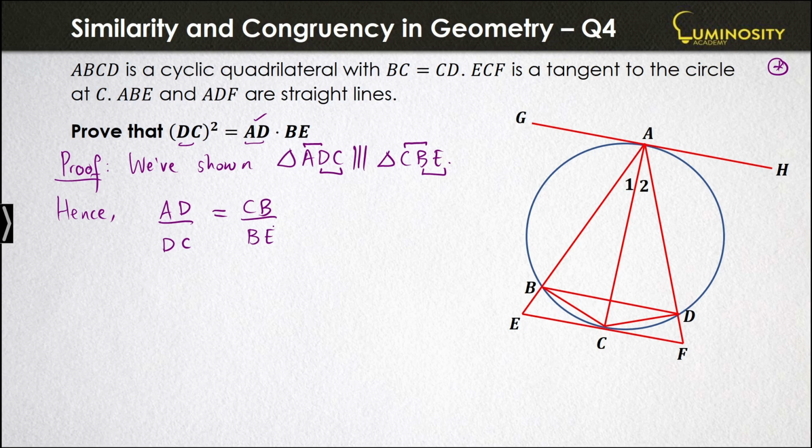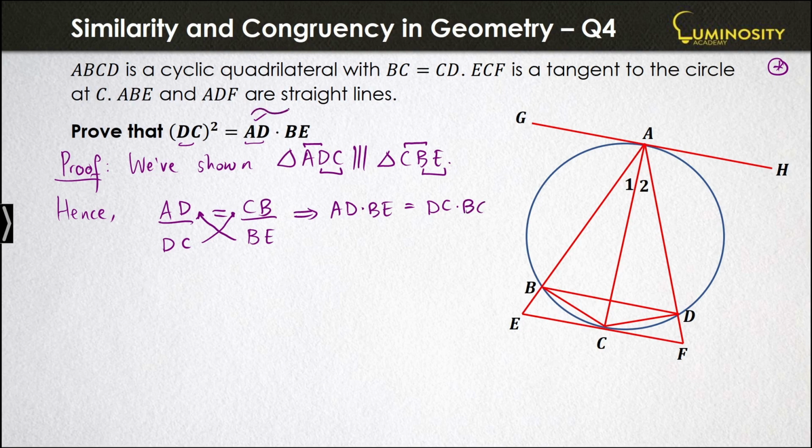All right, so let's look what we have here so far. It's close to what we want, but not yet. Okay, so what I can do is if I cross multiply both sides by BE and by DC, I'm going to get AD times BE equals, not AD, sorry, let's correct that there, DC times BC, or CB, same thing, all right?